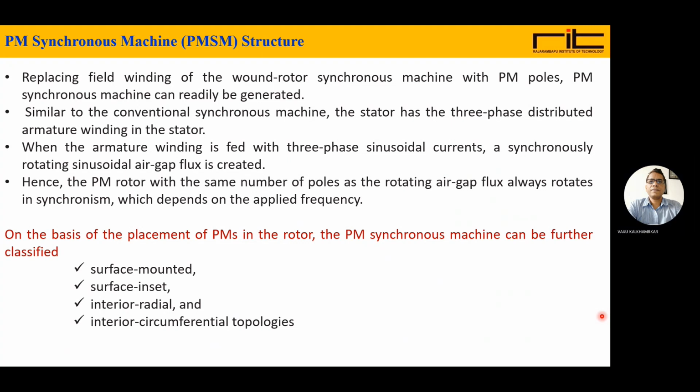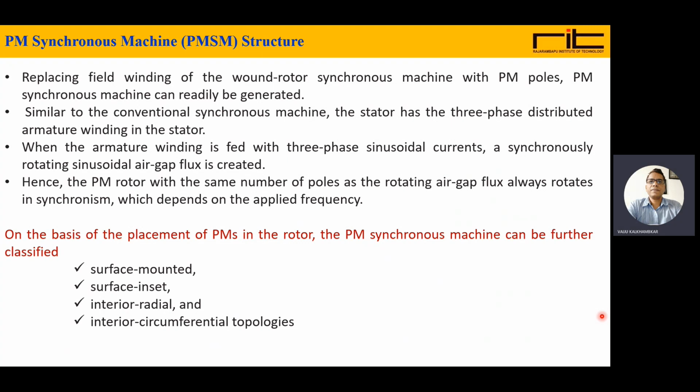Now, on the basis of the placement of permanent magnets in the rotor, the permanent magnet synchronous machine is classified in further categories. Here, we will study some selected categories of permanent magnet synchronous machine based on the placement of permanent magnets on the rotor.